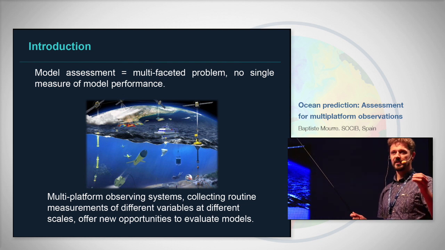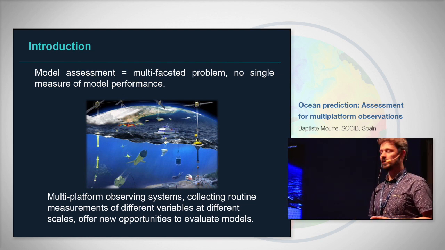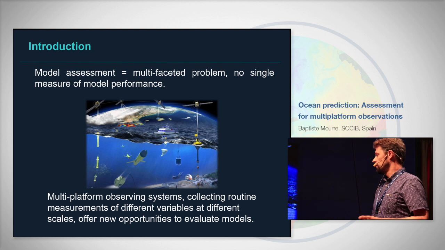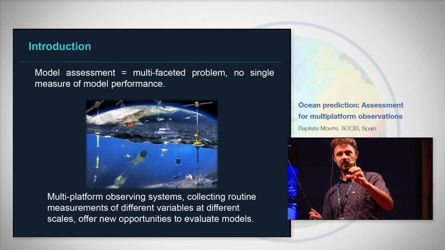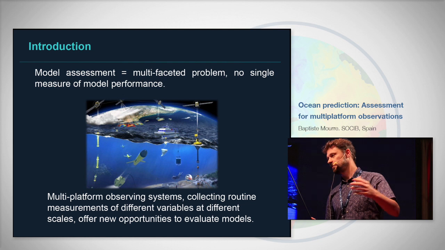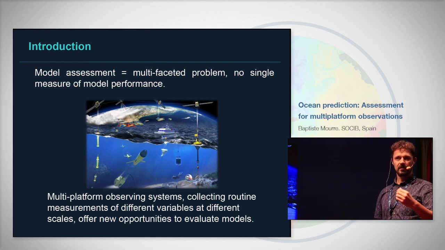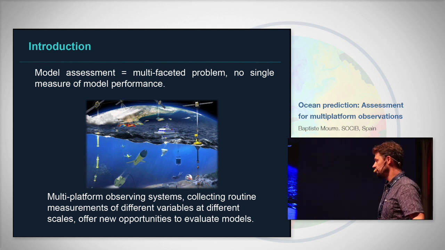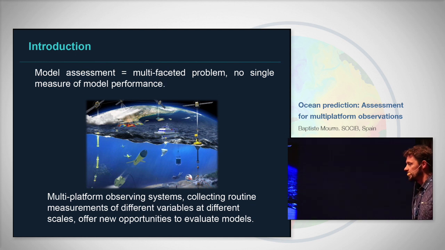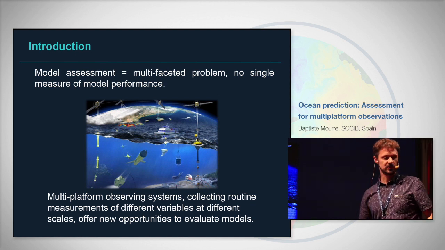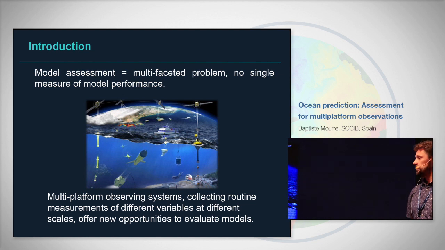Remember the change of paradigm in ocean observation from the first day: we're no longer in the framework of a single ship with confidential data, but we have a network of multi-platform observing systems providing data in real time and as open data. So we have data of different variables at different scales, and these offer really new opportunities to evaluate these models. This is the objective of this study: to illustrate this idea in the framework of the Western Mediterranean Sea.